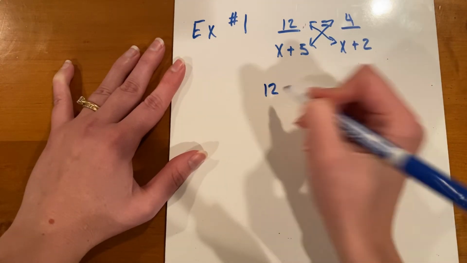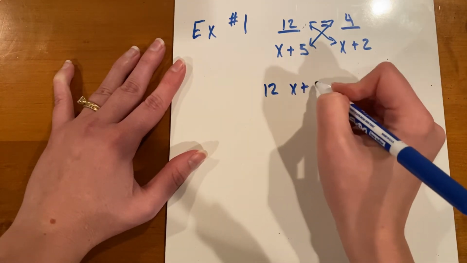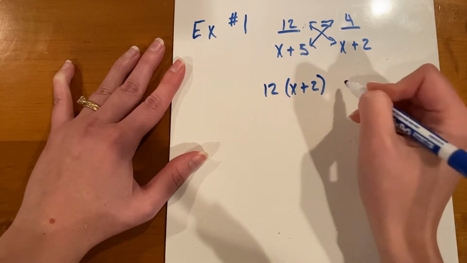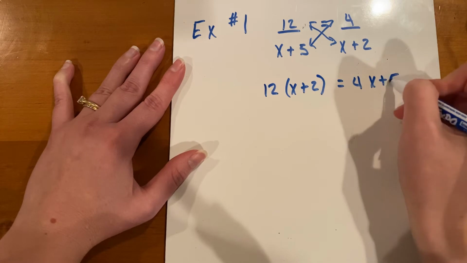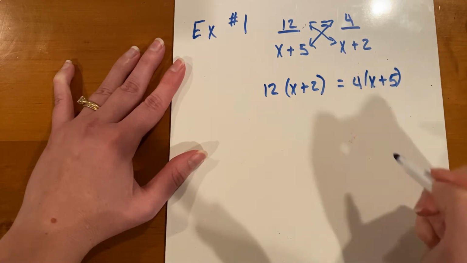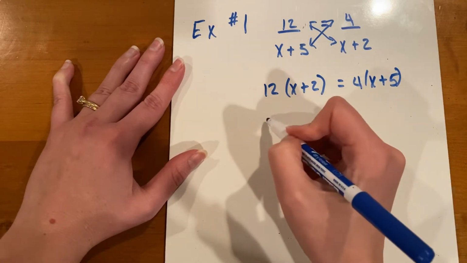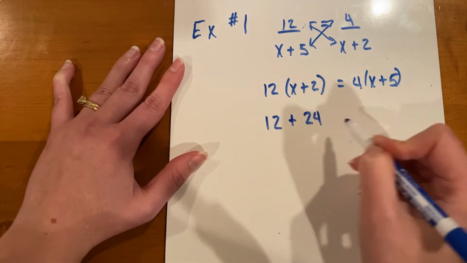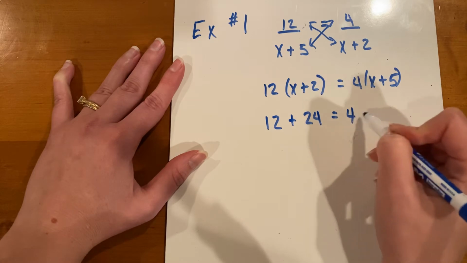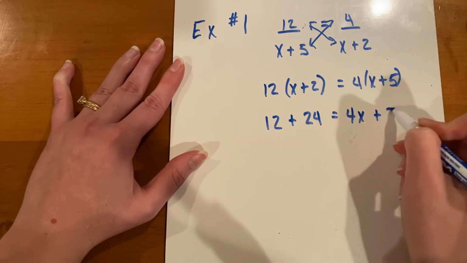We do 12 times x plus 2 is equal to 4 times x plus 5. We get 12x plus 24 is equal to 4x plus 20.